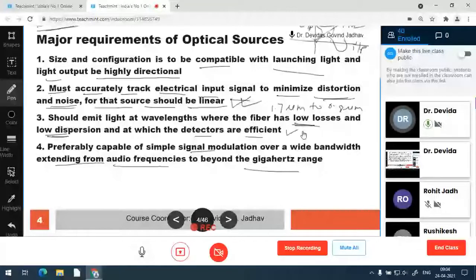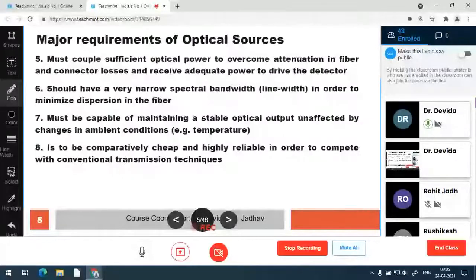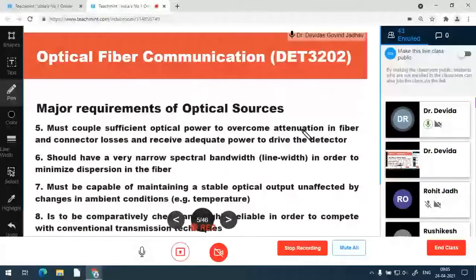Third, the source should emit light at wavelengths where the fiber has low losses and low dispersion, and the detector is efficient. And fourth, the source should preferably be capable of simple signal modulation over a wide bandwidth extending from audio frequency to the gigahertz range.